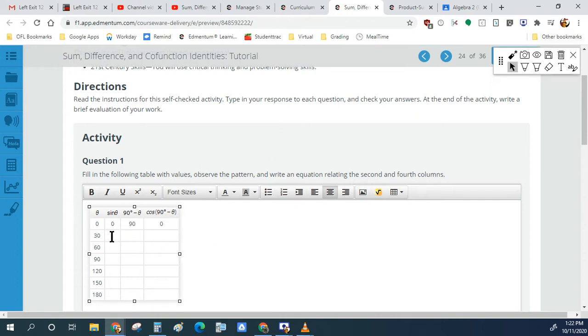So let's take a look over here. Now we're going to say sine at 30. At 30 degrees, I really should pull out the unit circle, but we're just going to say 30 degrees is the short side, which is 1/2, right? So if we're saying 1/2, then our sine is 1/2. And then we're going to do 90 minus theta, so that's 60. Now we're going to look at the cosine at 60 degrees.